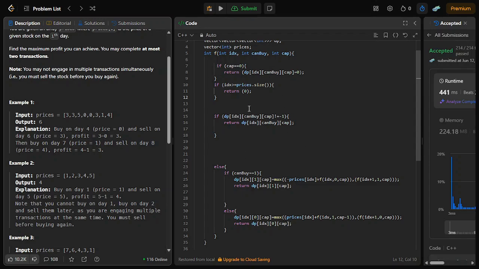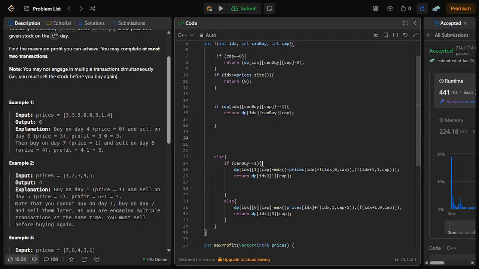Let's think about what we should do before the base cases, right? So basically, first off, the simple rule of DP is that whenever you already have a value available, then you use that value, right? So this part is clear. Okay.